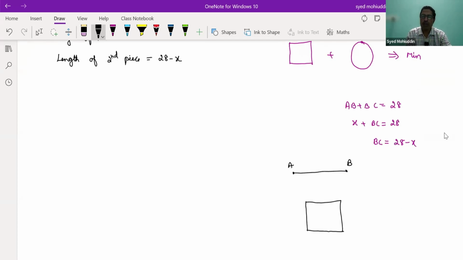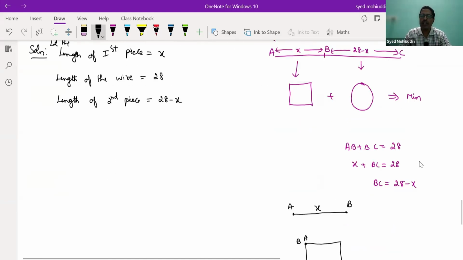So if you're starting from A over here, you bend in such a way that again you have to reach B itself. You start at A, because your starting point is A, ending point is B. So that means starting and ending point will be the same to form a square. Do you agree with this one? So what is this length X? This is the length X we have taken, right?